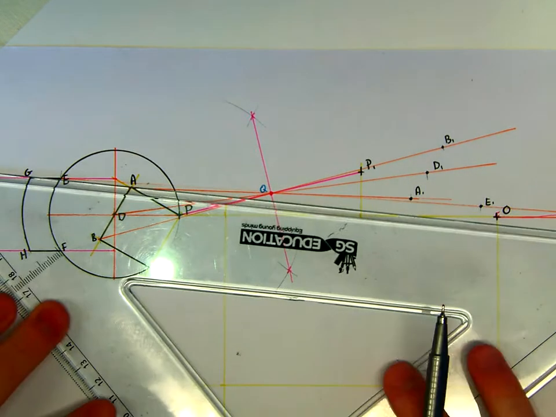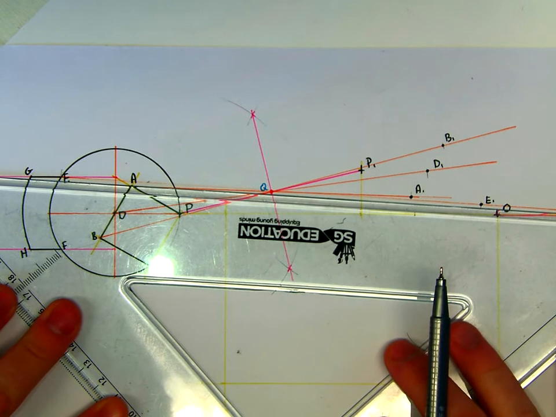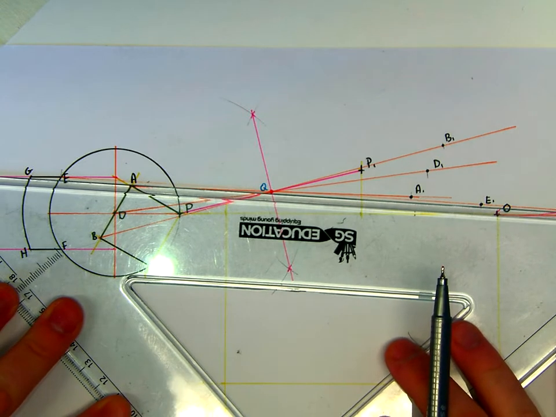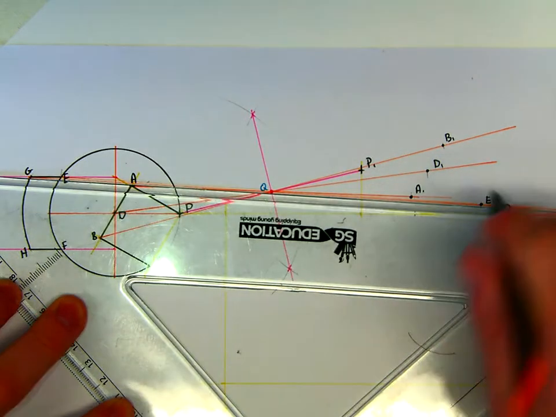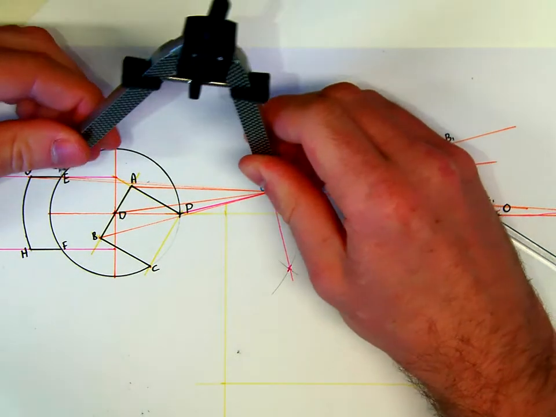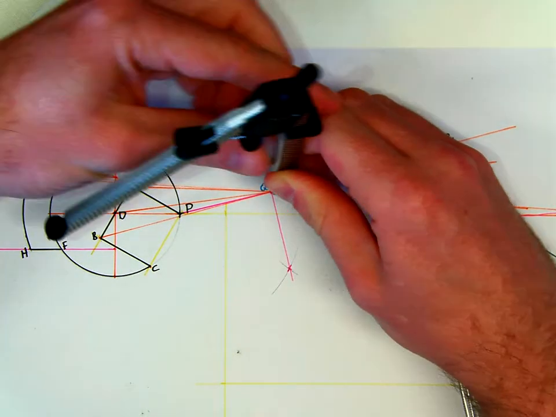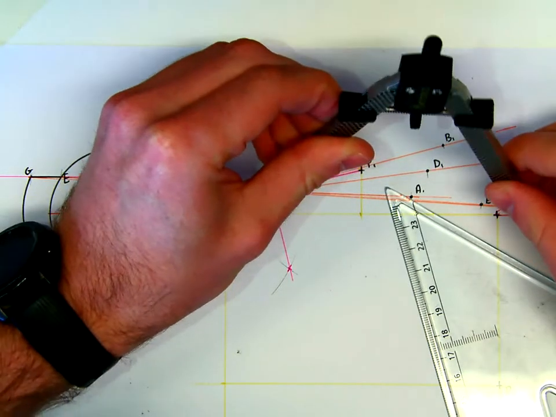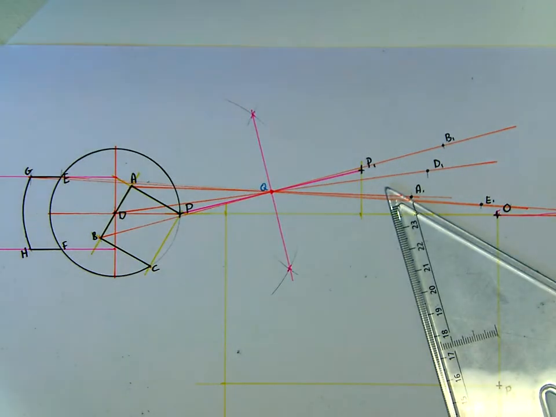So G has to come through point Q. So put my compass on Q for every single one, stretch it out to G, and mark in G1.